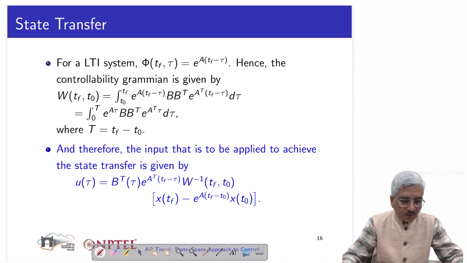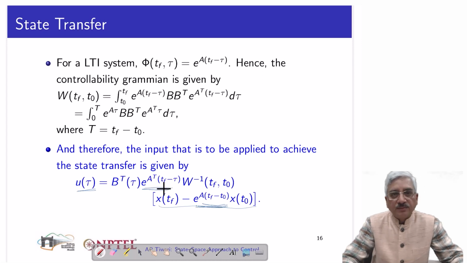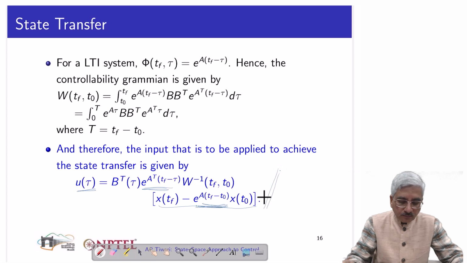And of course, the input accordingly becomes like this. In place of phi, we have the matrix exponential e^(A(t - tau)) and e^(A transpose (t - tau)). Using this formula, the input can be calculated.